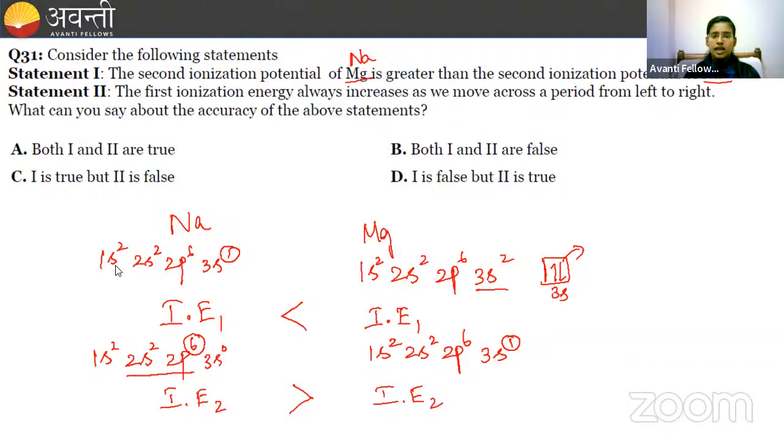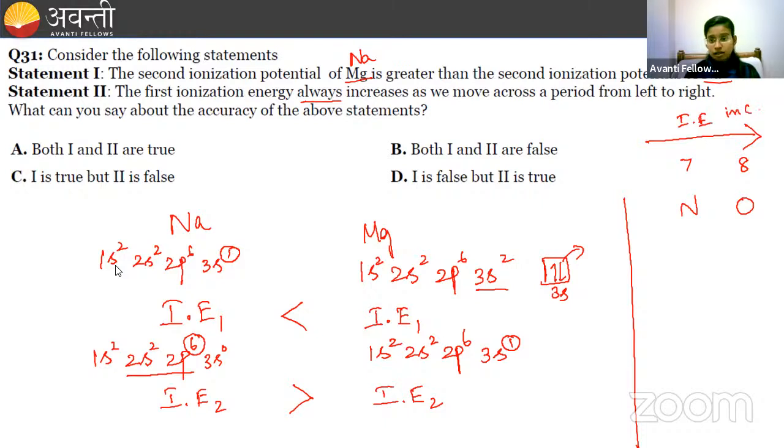Statement 2 says the first ionization energy always increases as we move across a period from left to right. Is it so? Will it always increase on moving across the period? No. We do have some exceptional cases. For example, nitrogen's atomic number is 7 and oxygen's atomic number is 8. The general trend says that across the period from left to right, the ionization energy value should increase.